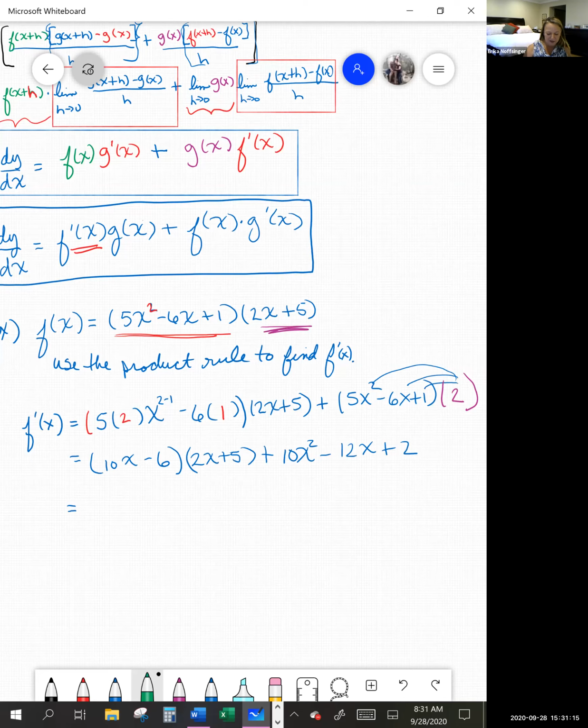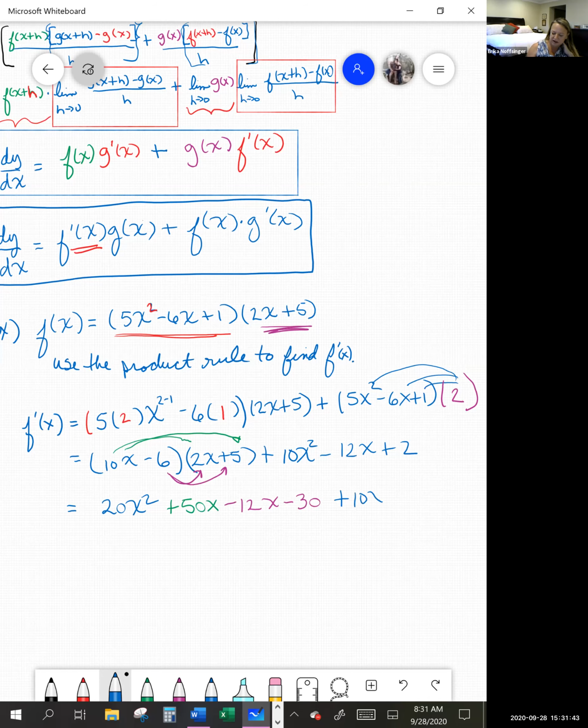So we can clean it up. So we have 10x times 2x, that's 20x squared. We have 10x times 5, so that's plus 50x. So negative 6 times 2x, so minus 12x. And negative 6 times 5 is minus 30. Let's bring down everything else. So plus 10x squared minus 12x plus 2.